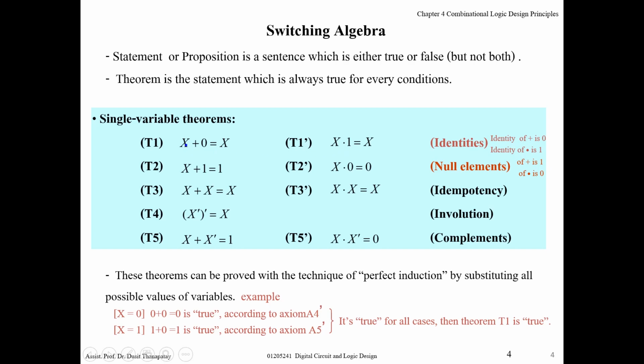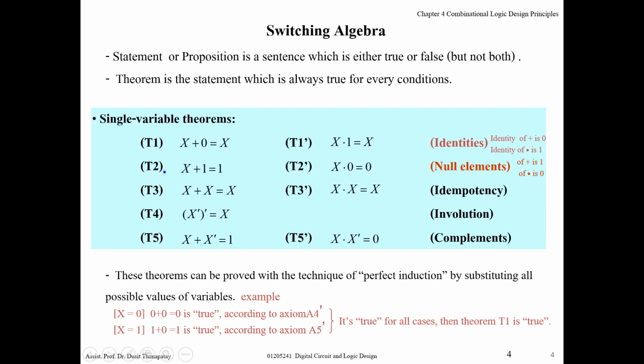This is a theorem. A theorem is a statement that is always true for every condition. If you want to prove it, you can use the technique of perfect induction, namely just substituting all possible values of the variable.